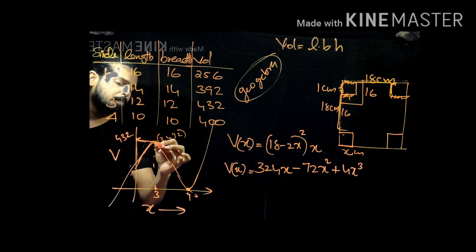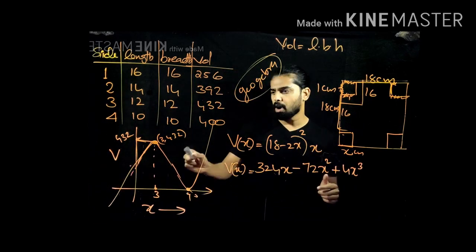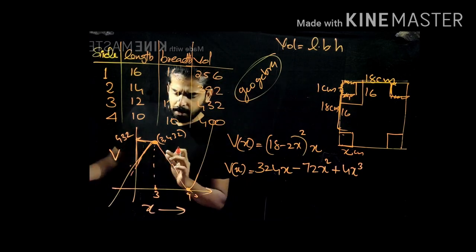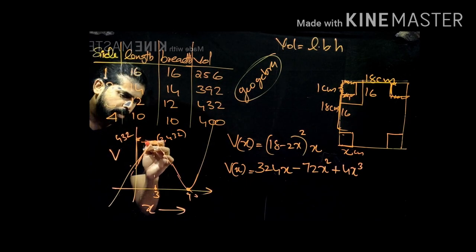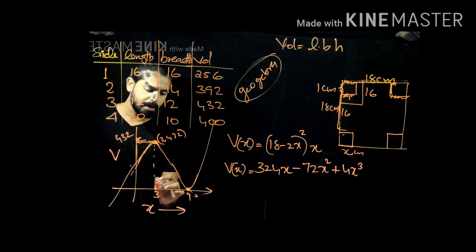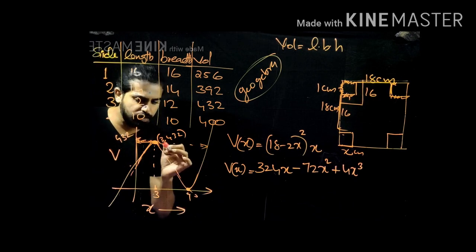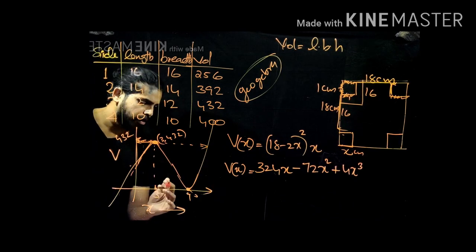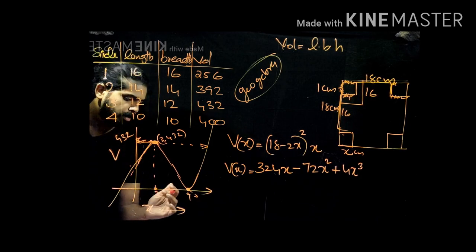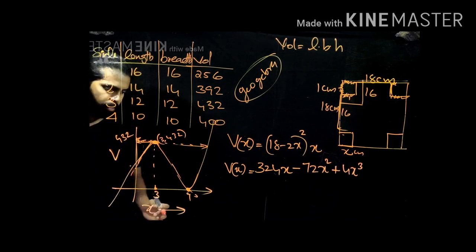This point is the point of local maxima, which we discussed earlier. Local maxima means at this point, we can't say the volume is maximum overall. The volume rises above this 432 after the value 9, right?